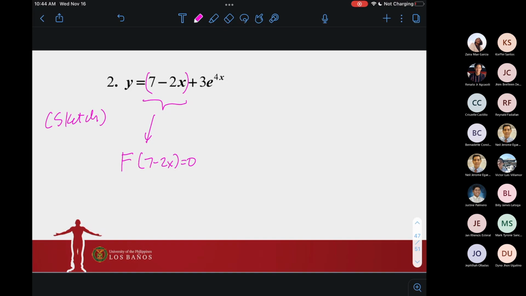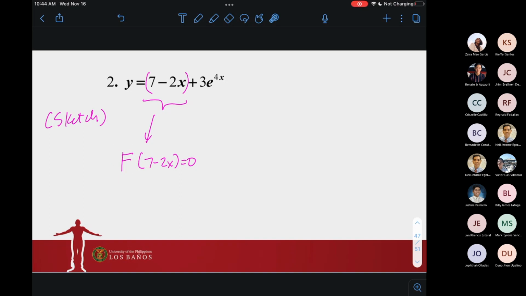Ano yung differential operator f na pag in-apply ko kay 7 minus 2x, ang sagot ay 0? Sige nga, anyone? So pwede niyong isipin si capital F ay isang instruction to differentiate.